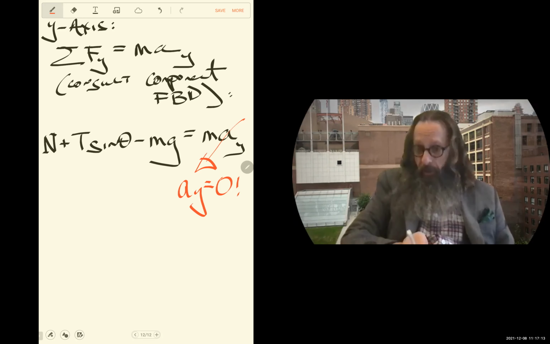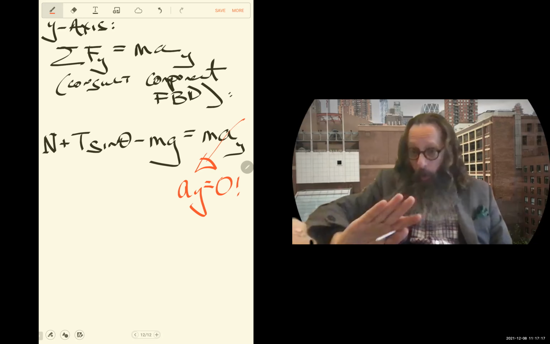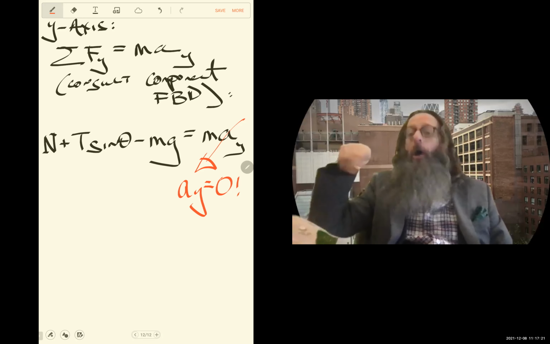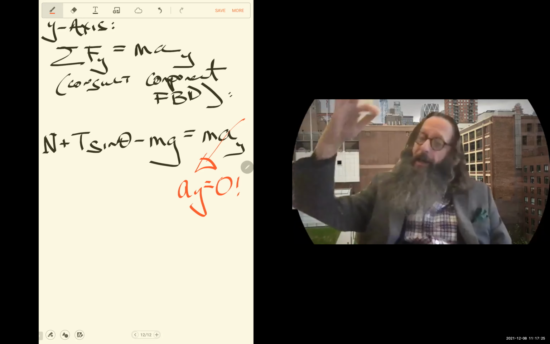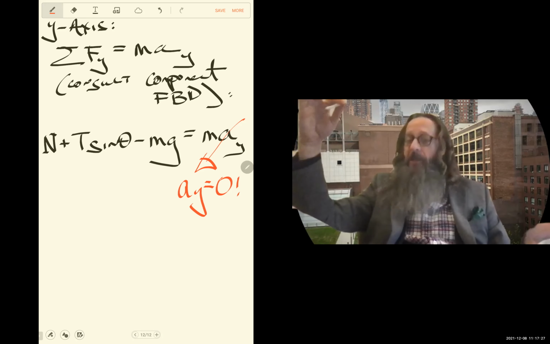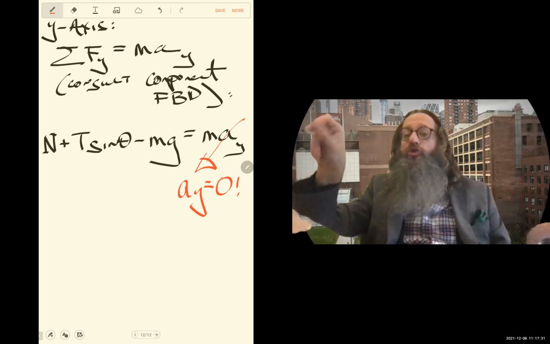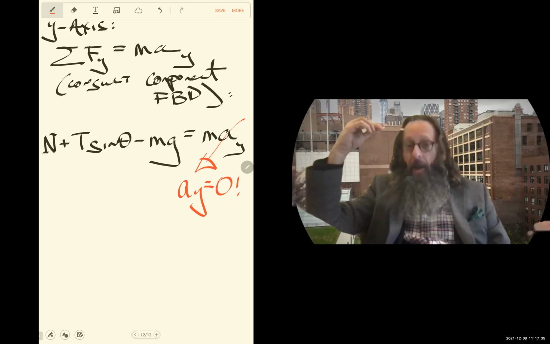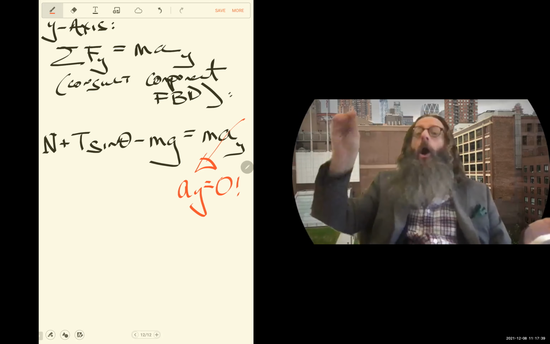The block is not flying up or crashing through the floor, no matter what we're doing with it. And even in the inclined plane problems on the final exam, one of the reasons for this strategy of lining up the x-axis with the expected direction of acceleration is that we can be confident that there's no acceleration in the y-axis. That's actually extra information. It means we can figure out things about the force, like F net equals ma.